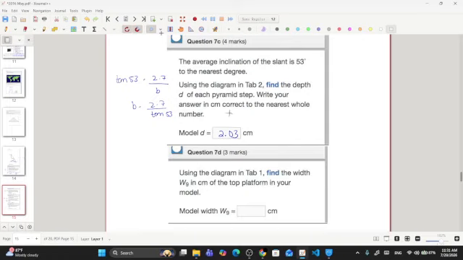Write your answer in centimeters correct to the nearest whole number. Oh, okay, I just missed out on this one. So, to convert this to the nearest whole number, our answer should be rounded off, and that means the answer should simply be 2. So our answer is essentially equivalent to 2.